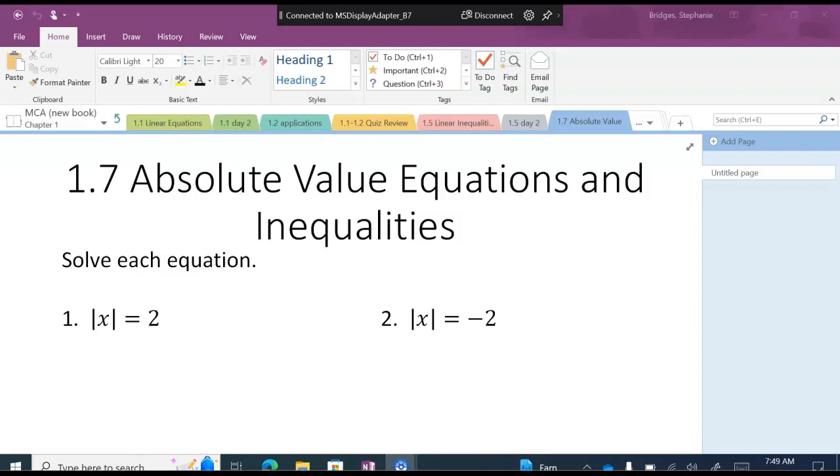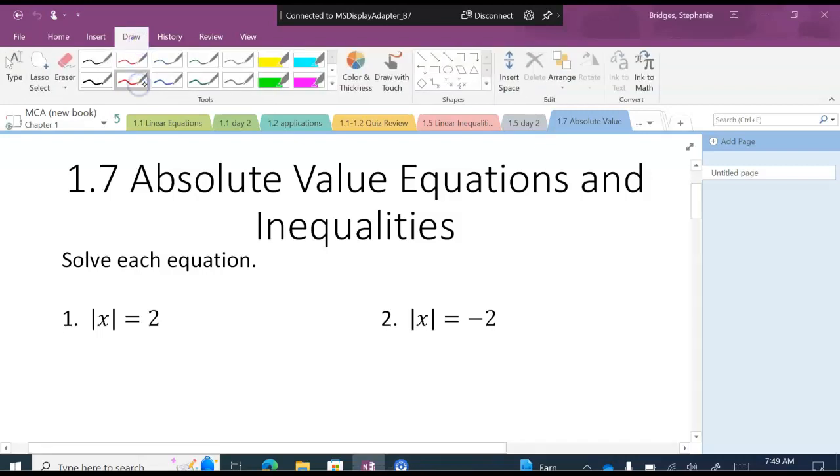So what we have to do is take into consideration each one of those values that have a distance of 2 from 0. So my 2 equations are going to look like this. I'm going to drop my absolute value sign, and I'm going to set x equal to 2, and then I'm also going to set x equal to negative 2.